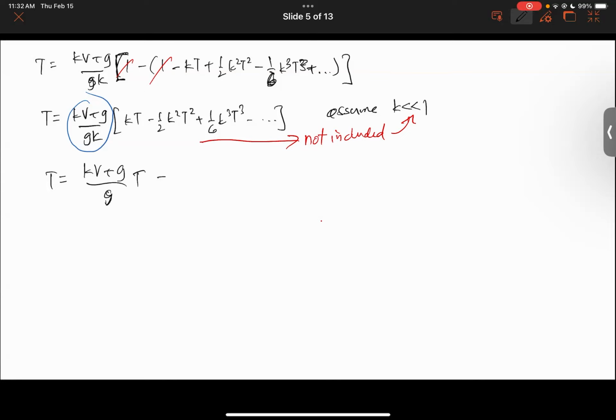Okay, minus kv plus g over g, tapos may k ka sa ibabaw, and then may 2 ka dyan, then k sa ibabaw, and then t squared.